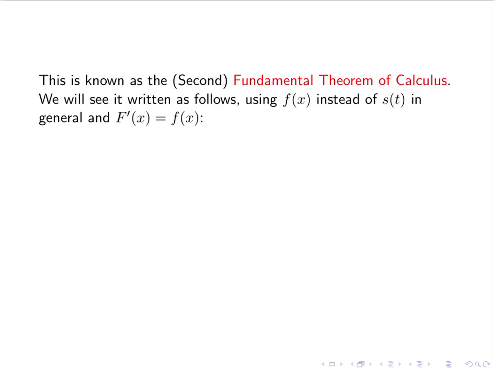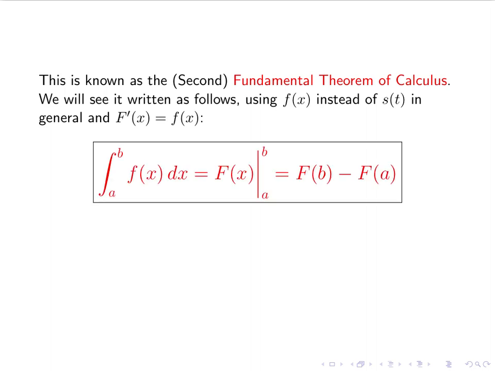So we're going to look at what's called the second fundamental theorem of calculus. We're going to replace our s of t with f of x. And instead of having a derivative inside of the fundamental theorem of calculus, we rewrite it, and we use a capital F, where the derivative of capital F is a lowercase f. Sometimes it's a little confusing because they're both f, but this is generally the way that you'll see it.